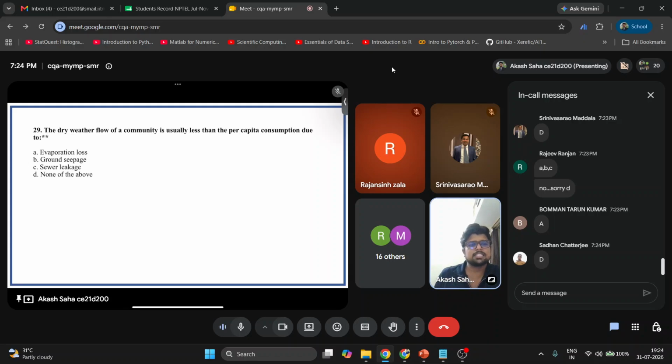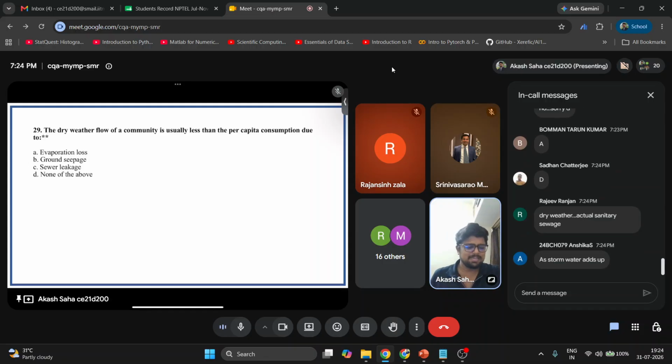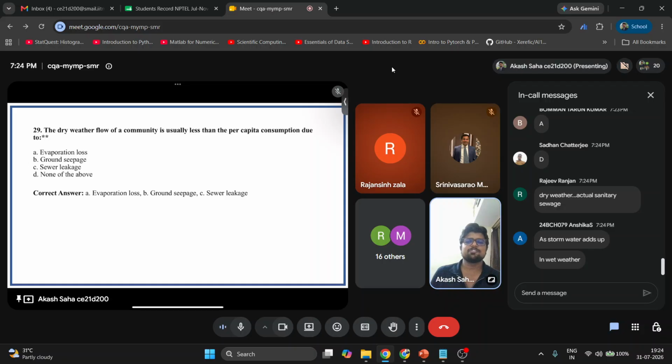Mr. Rajiv only gave the right answer, but then he changed it. So the correct answer is A, B, and C, all of them, because evaporation loss, ground seepage, and sewer leakage, everything will reduce the amount of flow that should come into your sewage.